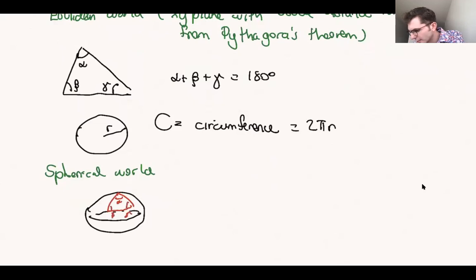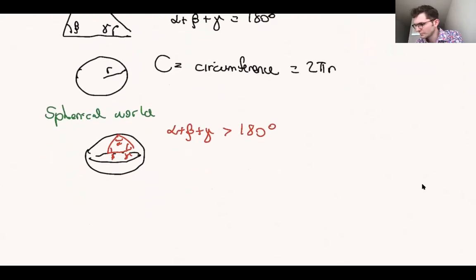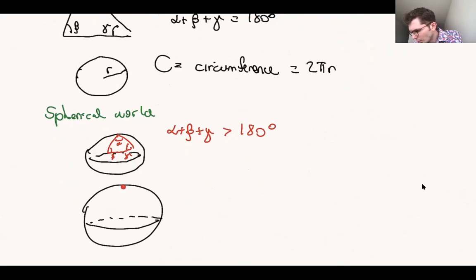So again, now alpha plus beta plus gamma in general is greater than 180 degrees. And you could also look at circles with a certain radius r, and here the circumference is less than 2 pi r.